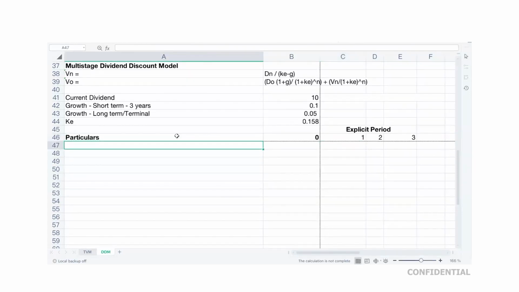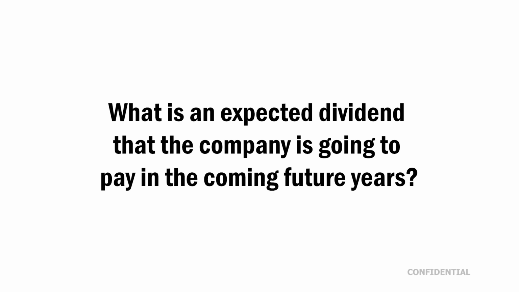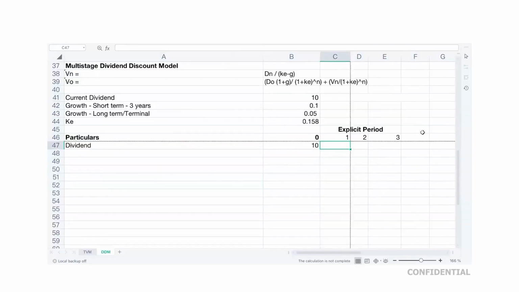So let's take the dividend as a base. The dividend paid in the current year is 10 rupees. That is the current dividend paid by the company. Now, what is the expected dividend the company is going to pay in the coming years? These are all future years, 1, 2, 3, and till perpetuity.